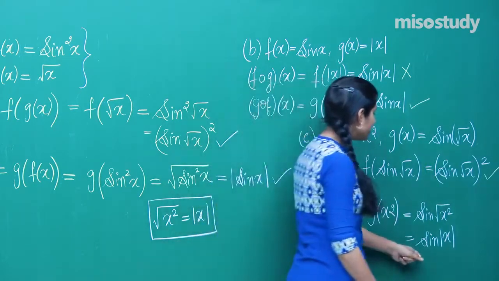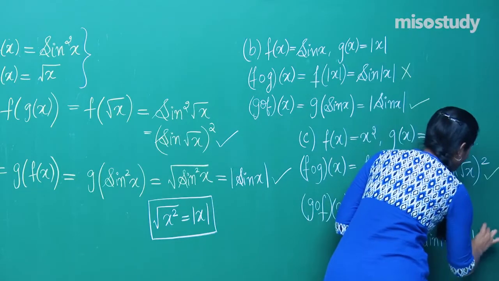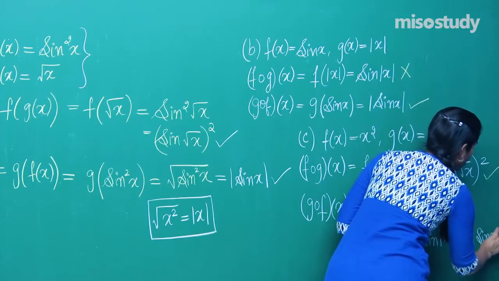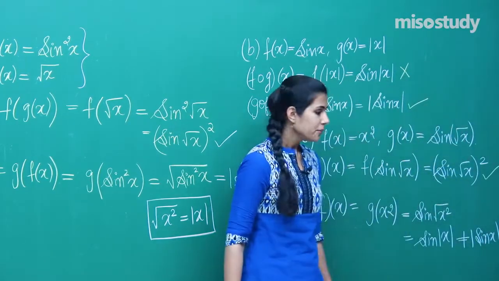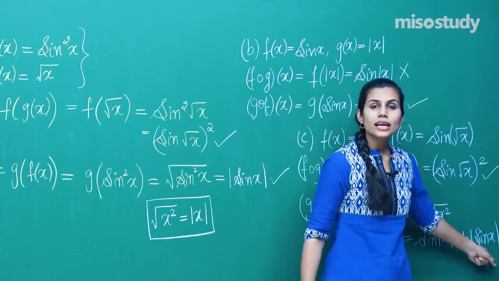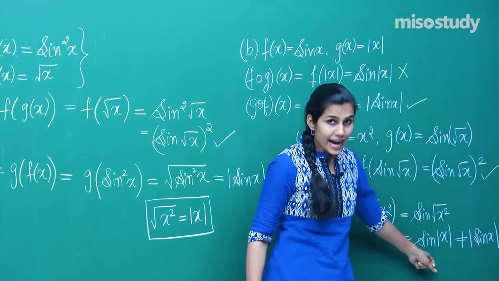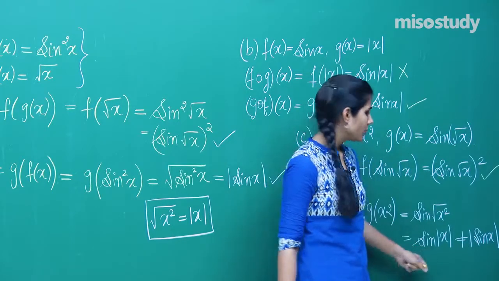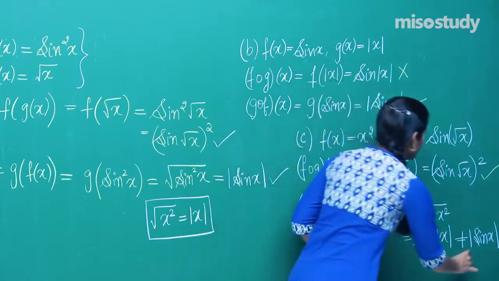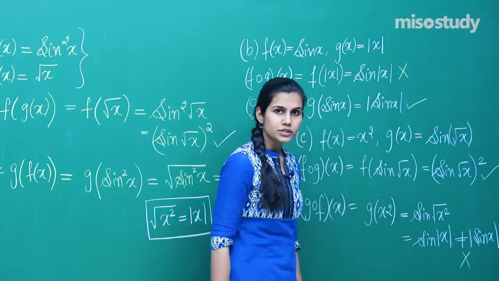That means this is definitely not equal to mod of sine x, because mod of sine x is only allowed to take non-negative values, but sine of mod x can take negative values also, and so this is not the GOF that I want.